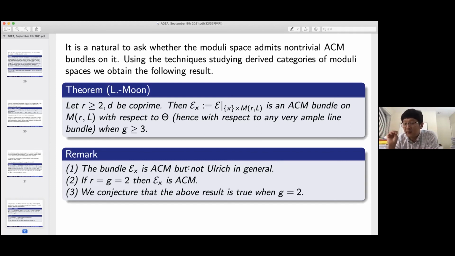And we expect for rank 4 and 5 that the decomposition should involve, for example in rank 4, a symmetric product of curve times symmetric product of curve times symmetric product of curve. For rank 3, you saw the symmetric product of curve times symmetric product of curve. For rank 4, I think it is a product of three such terms.